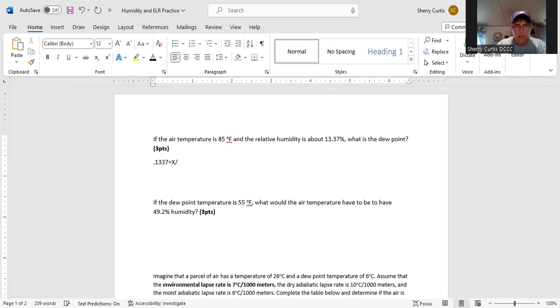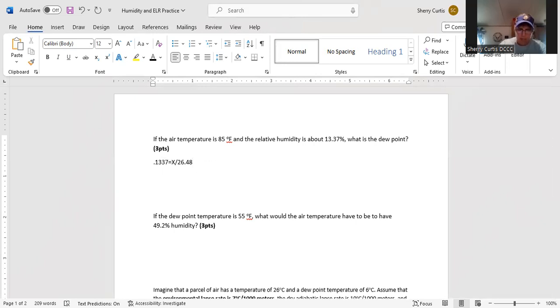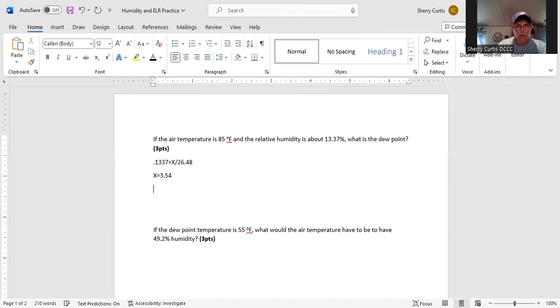And then I'm going to divide that by the capacity of 85 degrees Fahrenheit, which is 26.48 grams per kilogram. So now if I cross multiply and divide, I would get X equaling 3.54. And if I go back to the table provided, 3.54 is about 30 degrees.